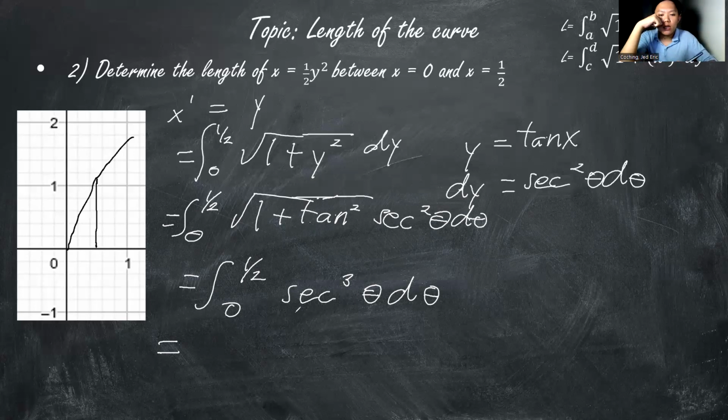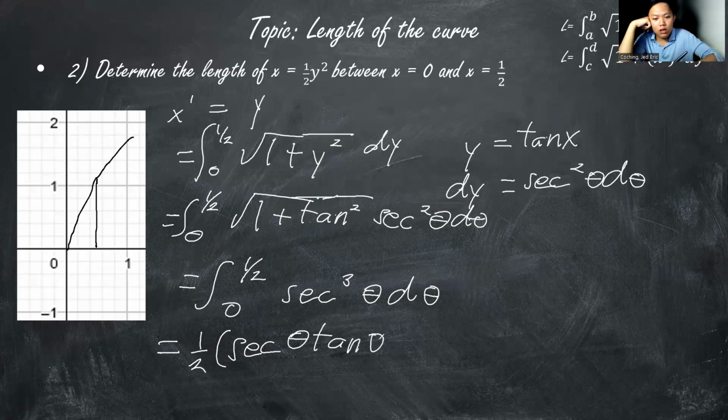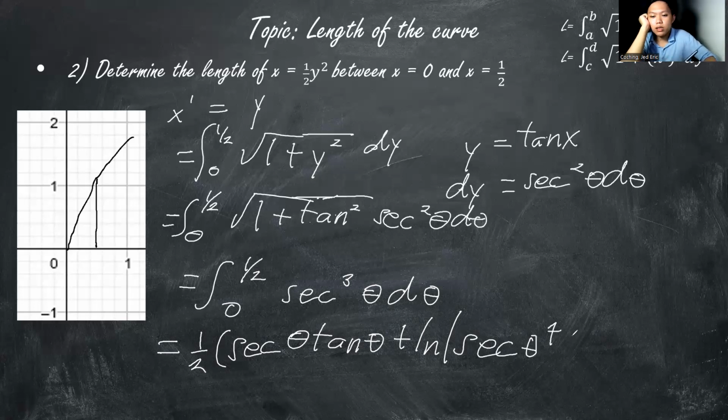If I remember correctly, it's going to become 1/2 secant theta tan theta, plus ln of secant theta plus tan theta.